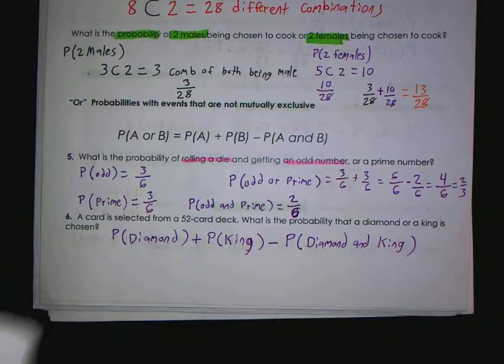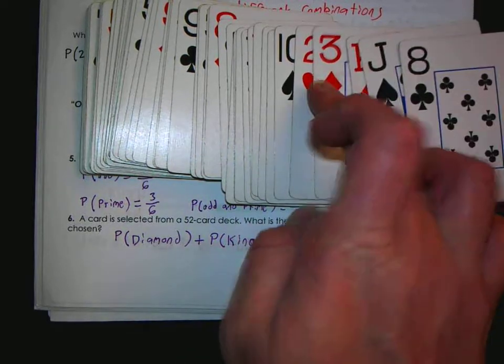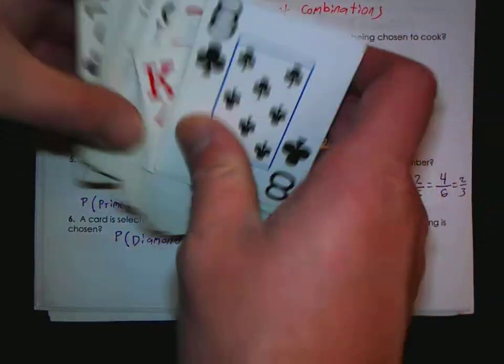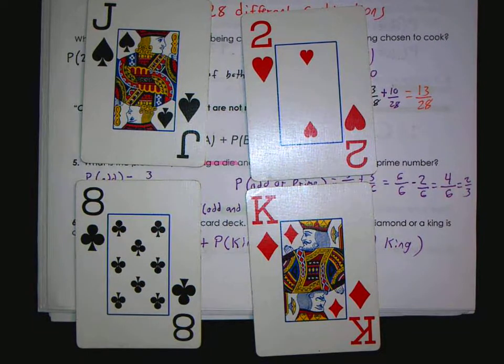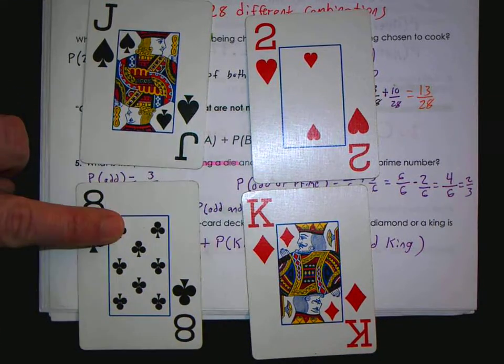How many of these cards are diamonds? Yeah, 13 out of 52 are diamonds. So remember, these cards, the possibilities are these. There's 52 cards. So there's 13 of these, 13 of these, 13 of this symbol, 13 of this symbol.